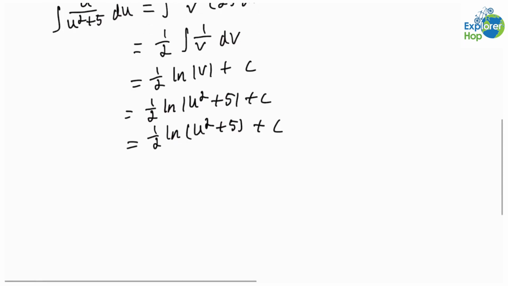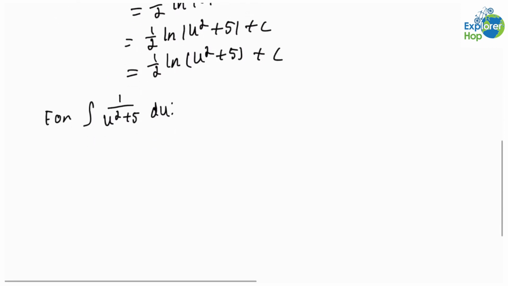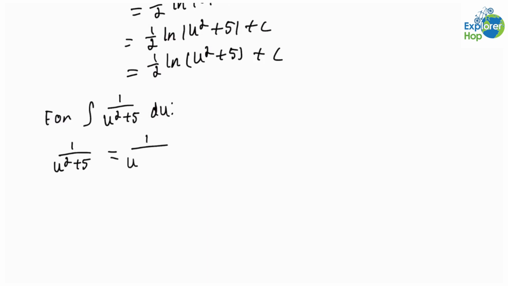And for the integral of 1 over u squared plus 5 du, it is easier to make a trig substitution. Notice that 1 over u squared plus 5 can be written as 1 over u squared plus root 5 squared.